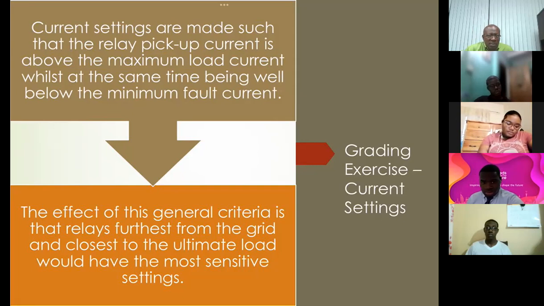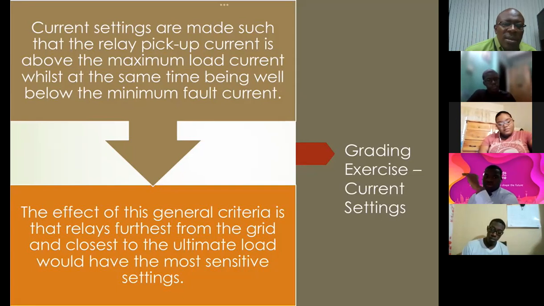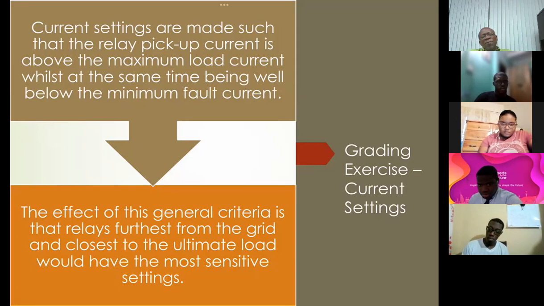The other point that we want to make is that the impact of this is to ensure that the relay that is furthest from the grid has the most sensitive setting. Let me not make it a mystery.